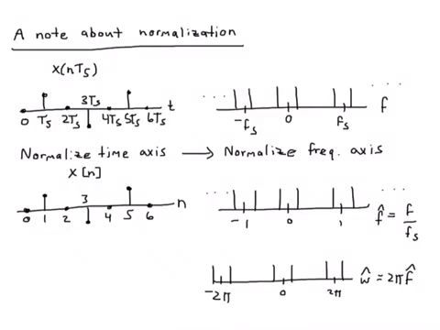And what do I mean by that? When I say I've normalized the time axis, I've effectively said n is equal to t over t sub s, right? All I've done is taken a factor of t sub s out of the time axis. So now it's just indexed by 0, 1, 2, 3, the integers.